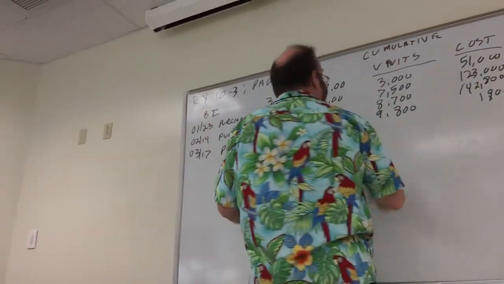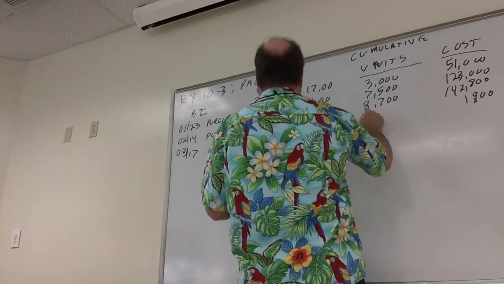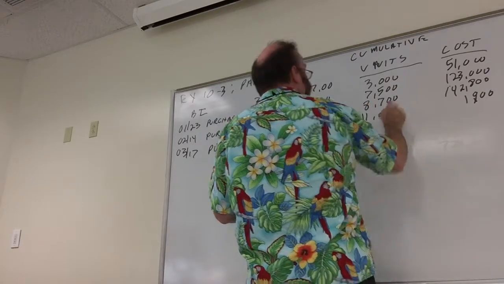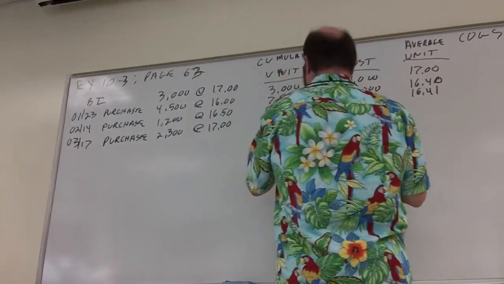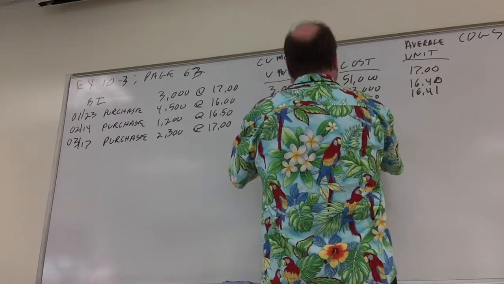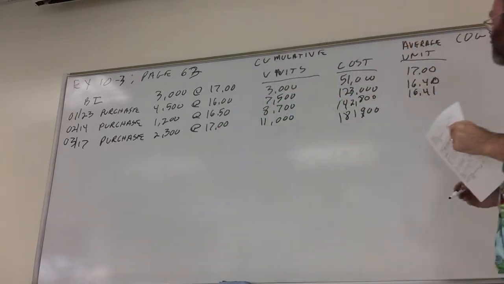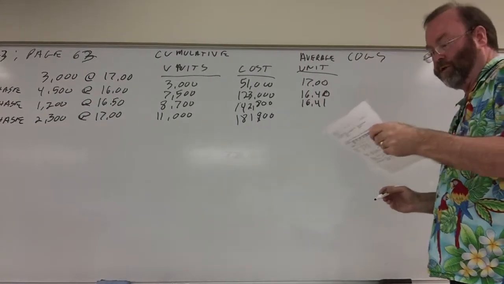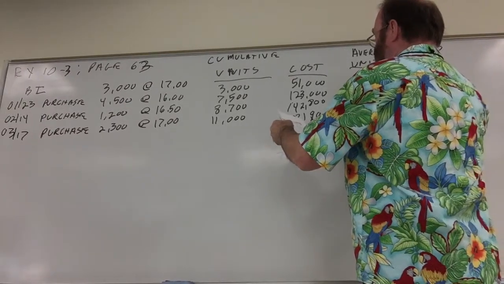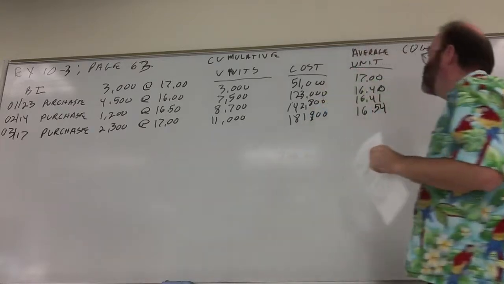Yeah. Well, even that's wrong now. Thank you. 11,000, 12,000, right? 11,000, even. Okay. And so 39 is 4, 3 is 8. 181,900 is what I have. Hopefully that's correct. And then $16.54 is average cost.